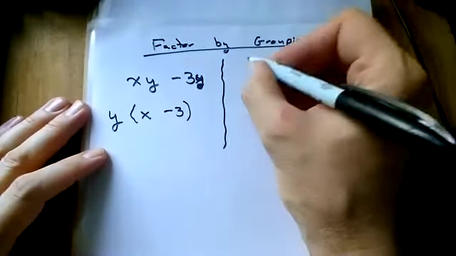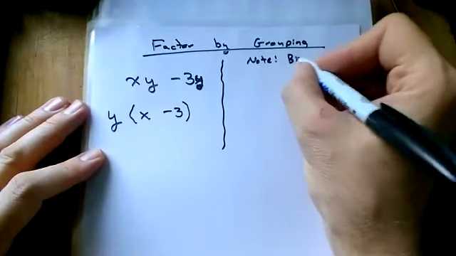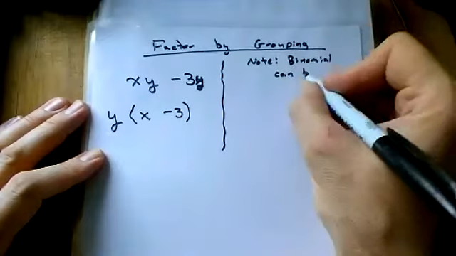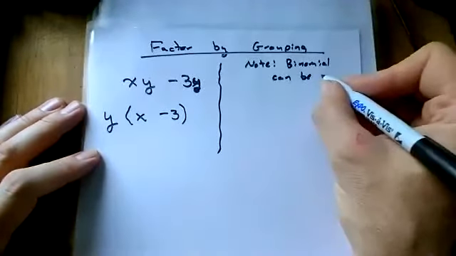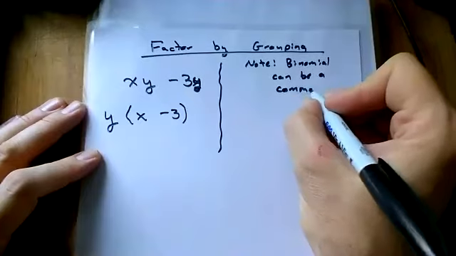But I'm going to say something here. A binomial, or any polynomial, can be a common factor.